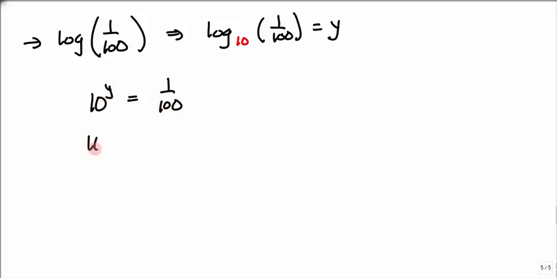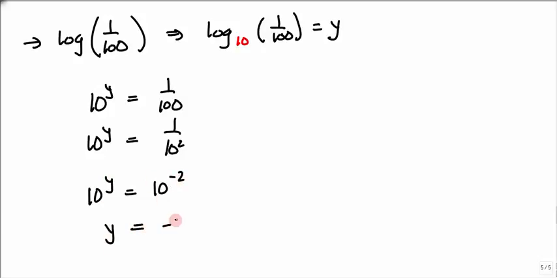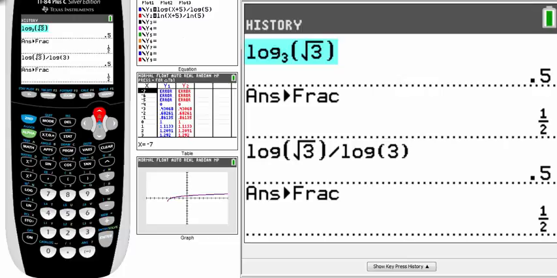Okay, so continuing on here, this is 1 over 10 squared, and then if we flip that up top using my negative exponent, I can see that y equals negative 2 then. So my answer here should be negative 2. So let's go ahead and check this out on our calculator, log of 1 over 100. Now I can just use my standard log key. I don't have to do any conversions.